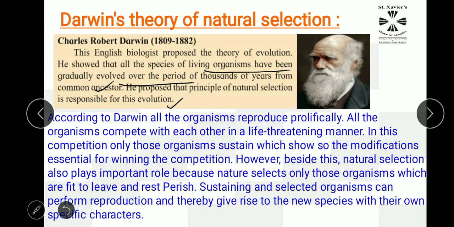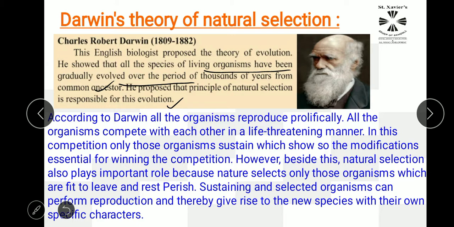The one who is slow, who can't run fast, will have to die, will become a prey, a food of that tiger, and that slower one will be exhausted. That means that slower one is not fit to survive in that environment. So survival is for the fittest. This is natural selection, students.